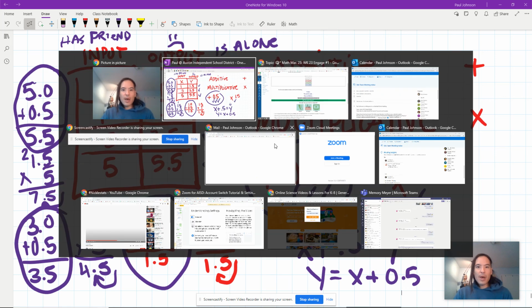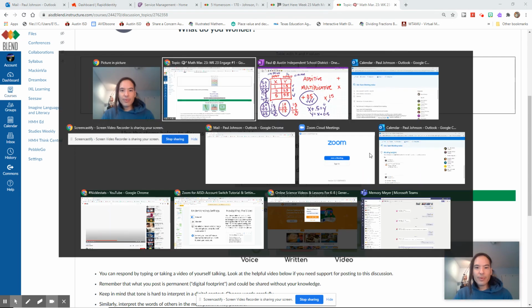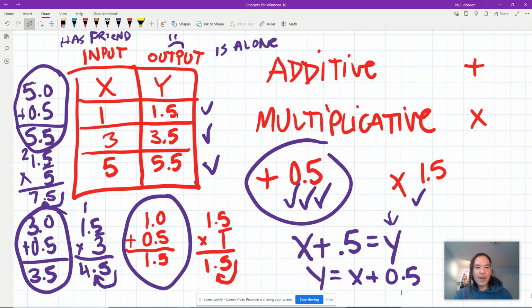So there's your sentences. Remember, I noticed this is a table with x and y values. They are the same rule in every row. They are different because the x values are different from the y values. And my rule is additive because I added 5/10 to get my y value.